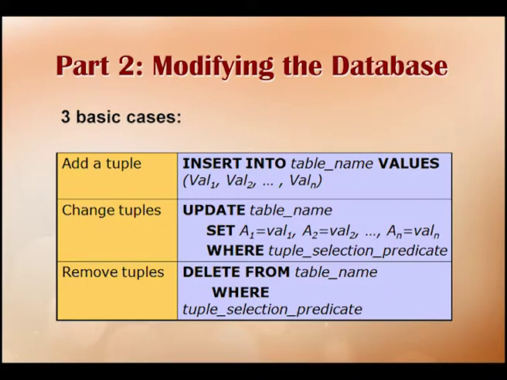Suppose I want to provide the SID, name, address 1, address 2, pin code. Then I have to give values for that database using the command insert into student values. You can provide the values here, and then update the tuples: update table name, set the value where some condition can be given.